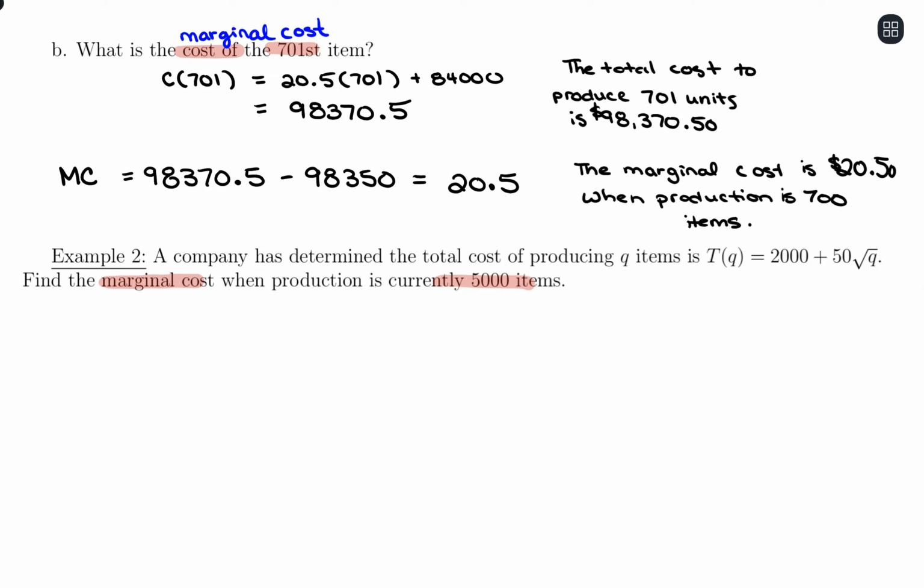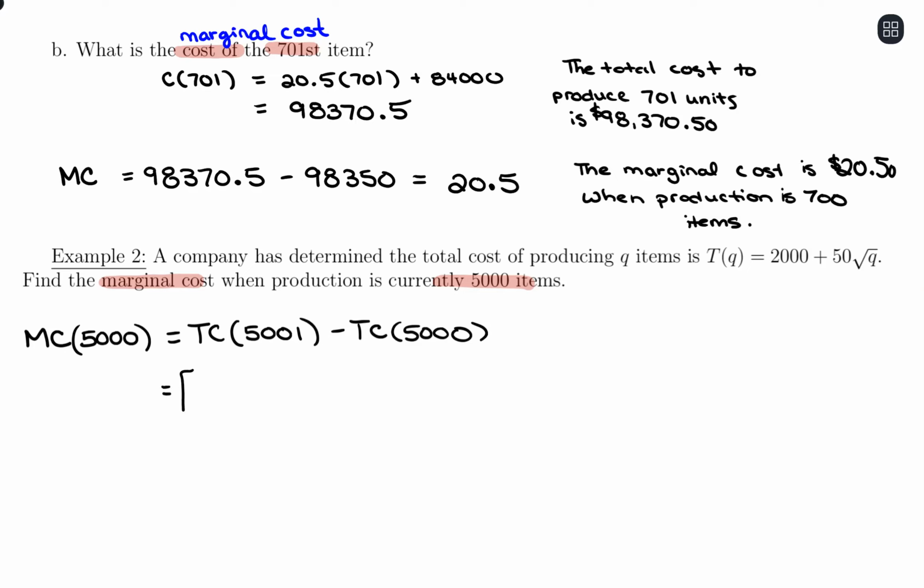So this marginal cost of 5,000 items is going to come from taking the total cost of 5,001 items minus the total cost of 5,000 items. So what we can do is some work off to the side here, relying on our calculator with that square root.